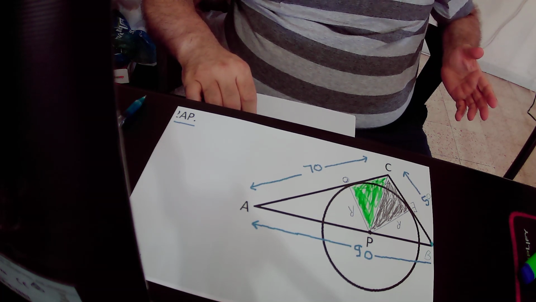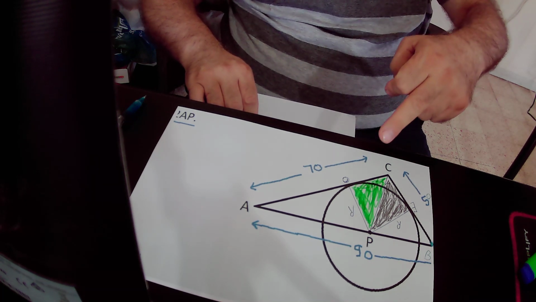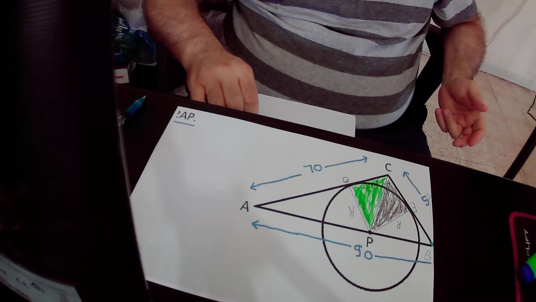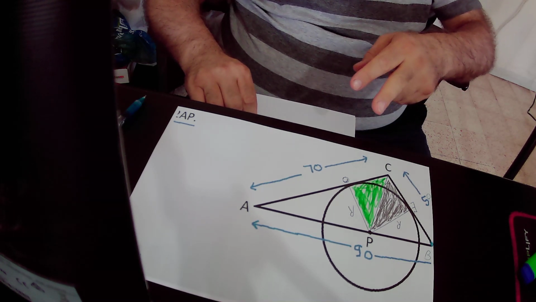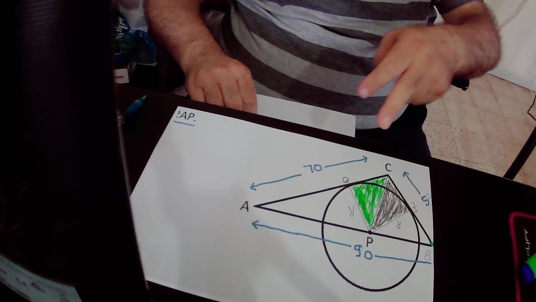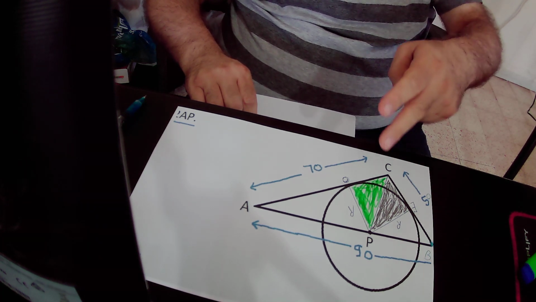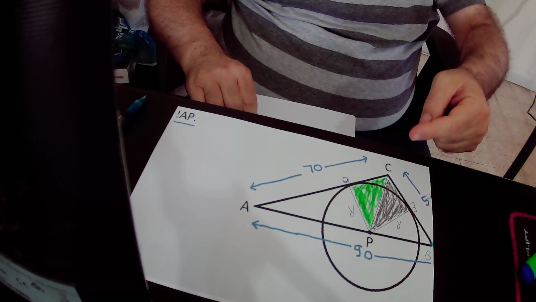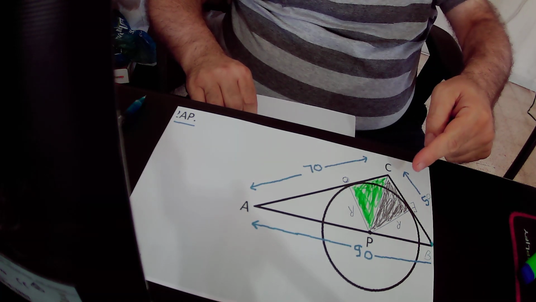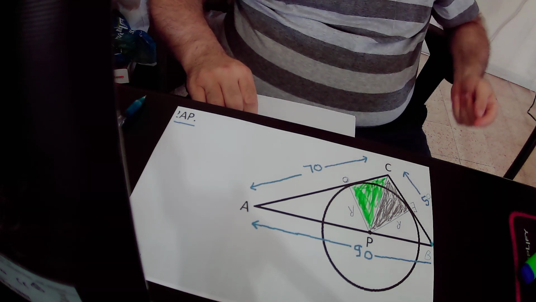In those two triangles, the green triangle and the black triangle, we have three sides of triangle COP, the green triangle, equal to three sides of the black triangle. Why?